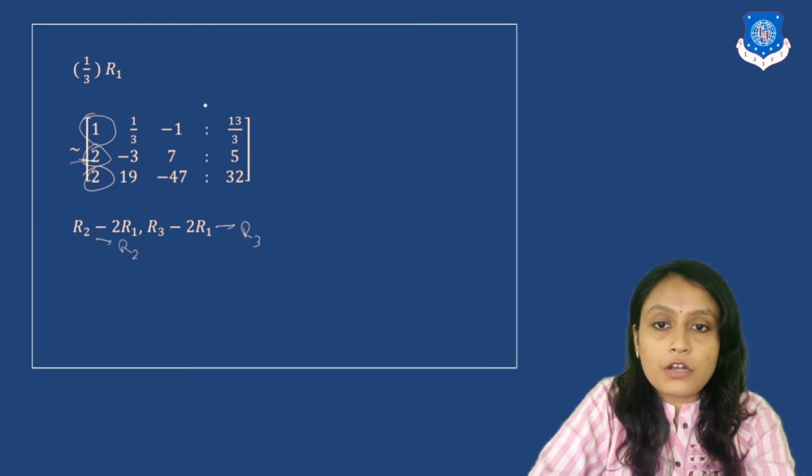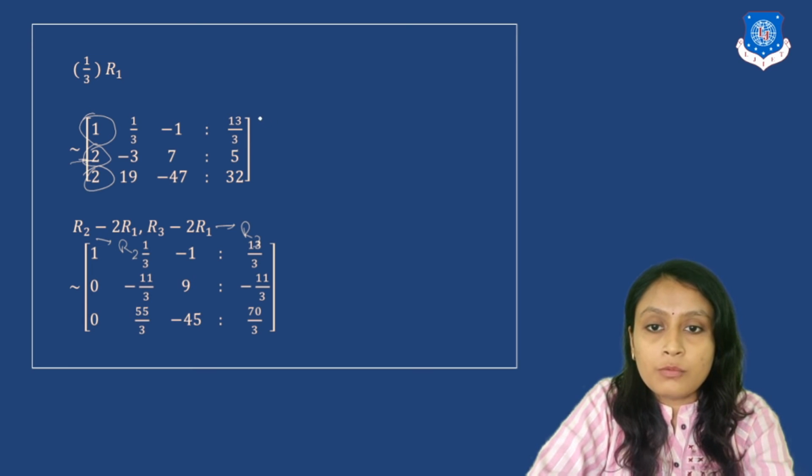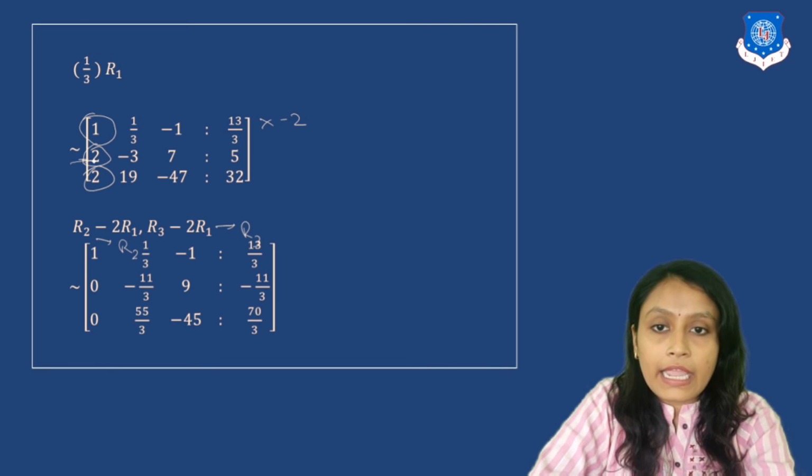The first row remains as it is. So we multiply the first row by -2 and add it to the second row, and you will get this form. Again we multiply it by -2 and add it to the third row, and you will get this form.